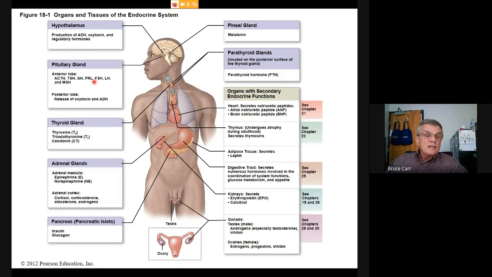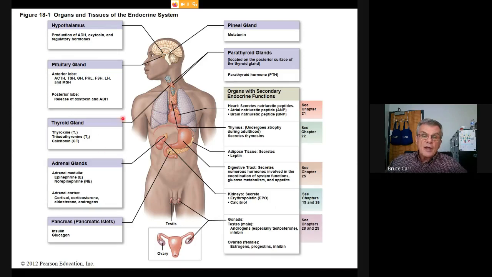RH stands for releasing hormone. SH stands for stimulating hormone. And we're going to see that their release from the anterior pituitary is going to actually turn on the thyroid or turn on the adrenal gland or the pancreas. Let's take a look at our quick survey of those target glands.